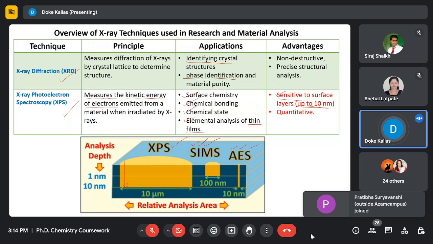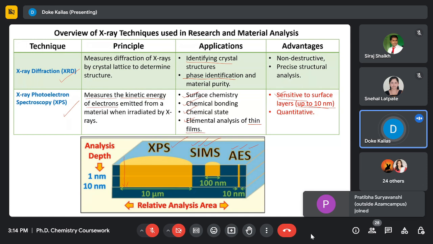With the help of secondary ion mass spectroscopy, we can analyze only up to 100 nanometer analysis area. And in case of Auger electron spectroscopy, we can analyze the diameter or analysis area of the sample only 10 nanometer.